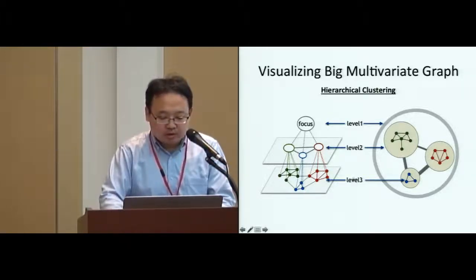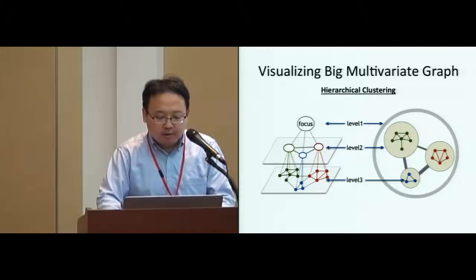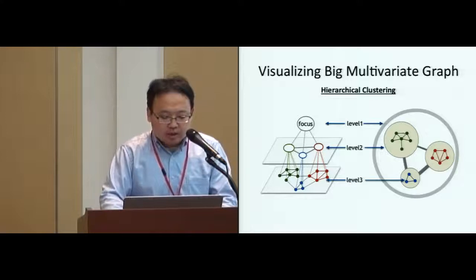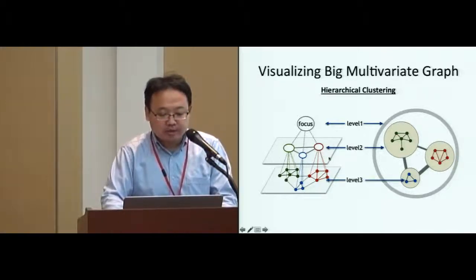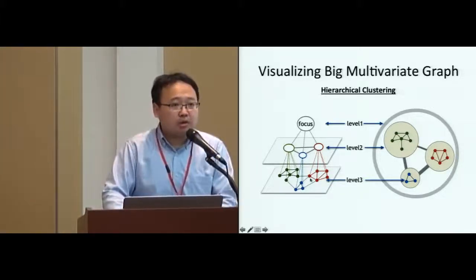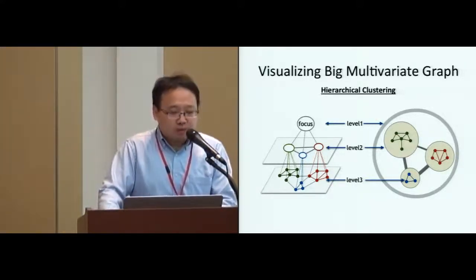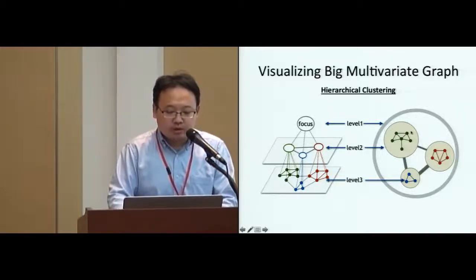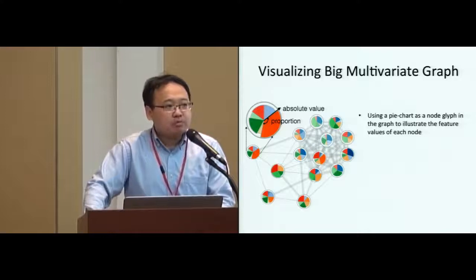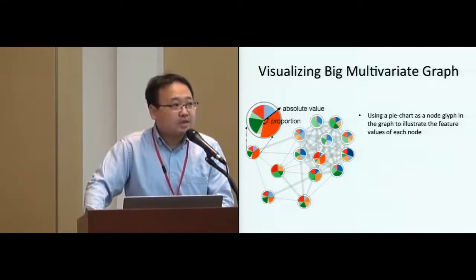So for example, in this 3-level hierarchy, the root of the hierarchy is represented as a background circle here, and it contains 3 intermediate circles, which indicate the 2nd-level clusters in the hierarchy, and the leaf nodes represent the raw nodes in the original multivariate graph, which is directly visualized here. So along this hierarchy, users can zoom in and zoom out to navigate through the entire graph data set.